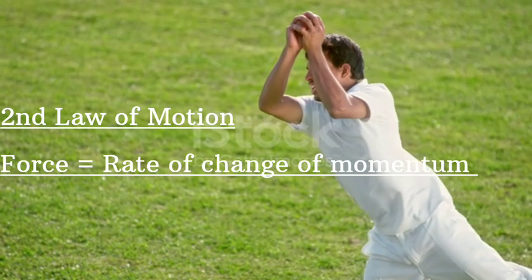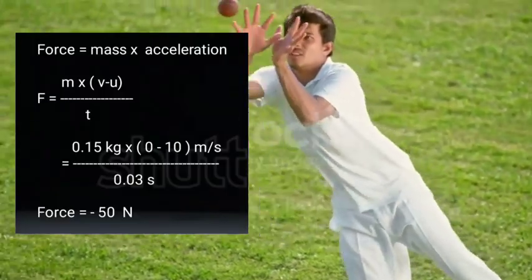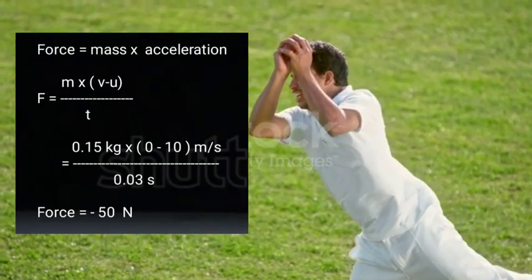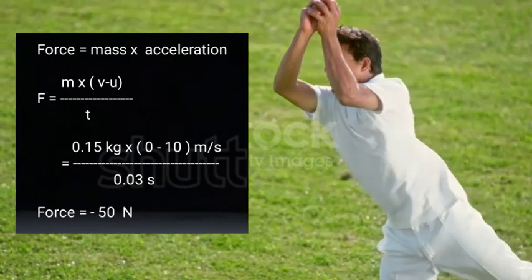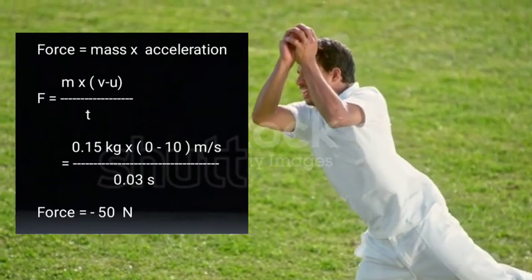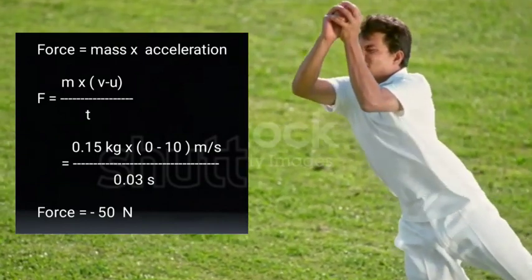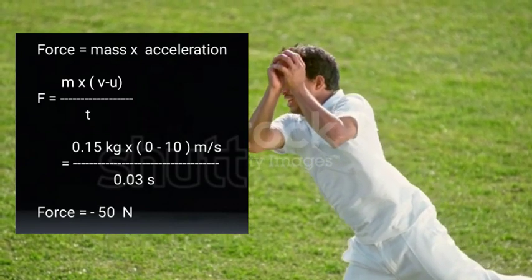Force equals the rate of change of momentum. The formula is F equals mass times acceleration, which is force equals mass times final velocity minus initial velocity, divided by time.